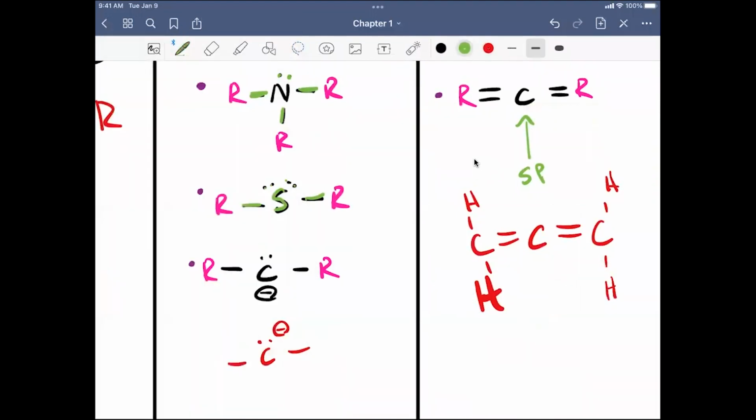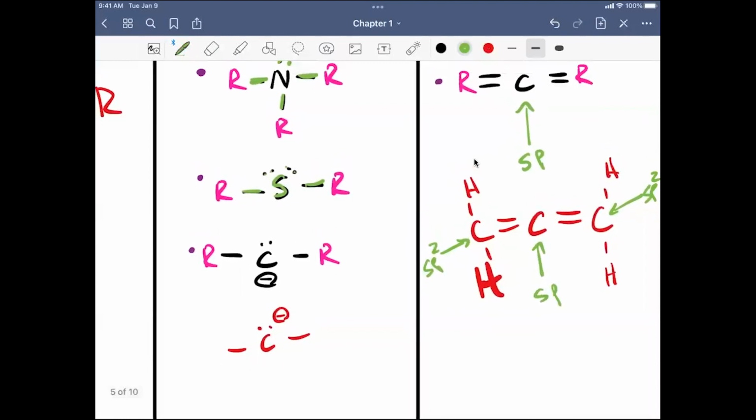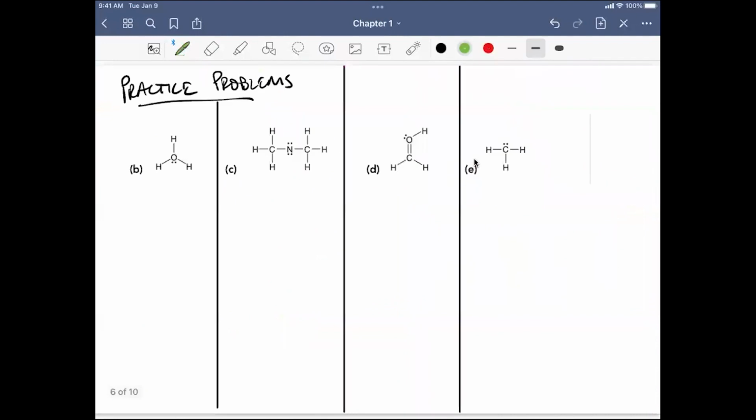So identifying the atomic orbitals on this, I already said that this would be sp, but don't think that these 2 carbons on the ends are also sp. Those are just sp2, right? They're just normal double bonds. The only one that differs from all these rules is this one in the middle. That's sp. Okay. So let's get into some practice problems.